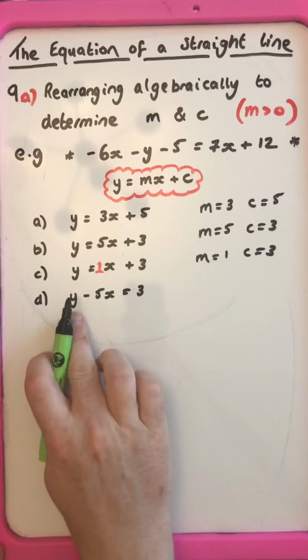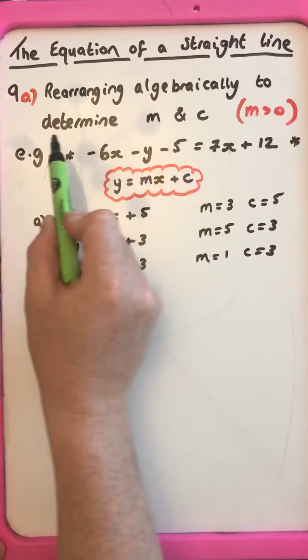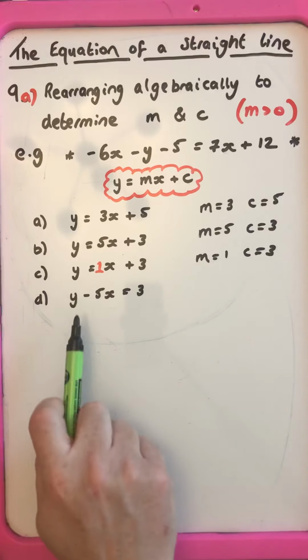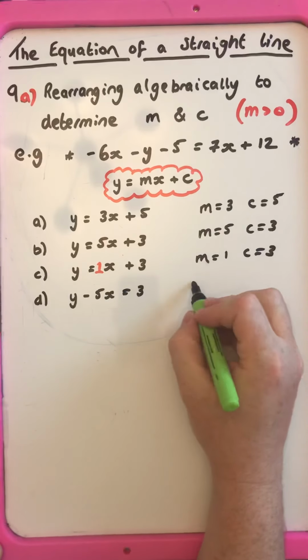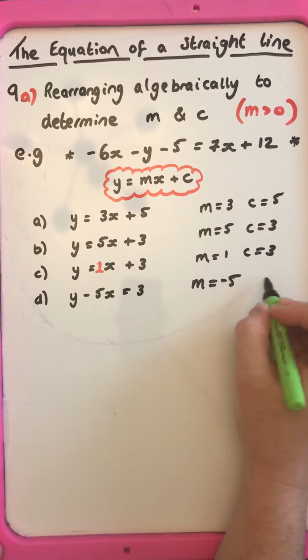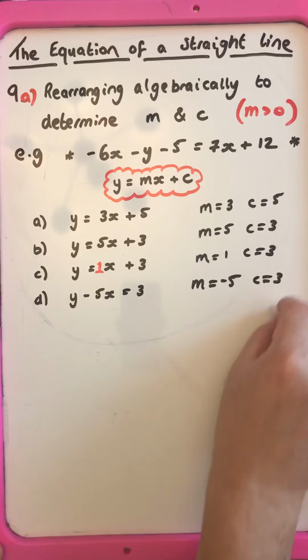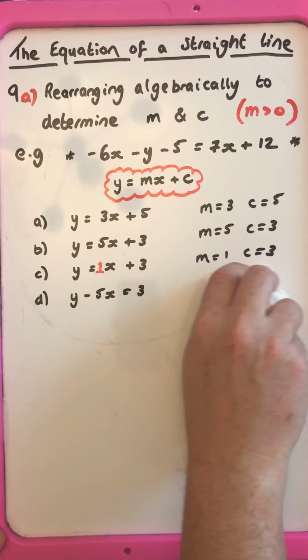Is it in this form? No. So we are going to rearrange algebraically to determine. When you get more fluent with this, you will be able to extract that. But looking at this, there's a tendency just to think, oh, they're all the same. But we need to move on, we need to challenge ourselves. So this is incorrect. Pause the video and have a look at it yourself.